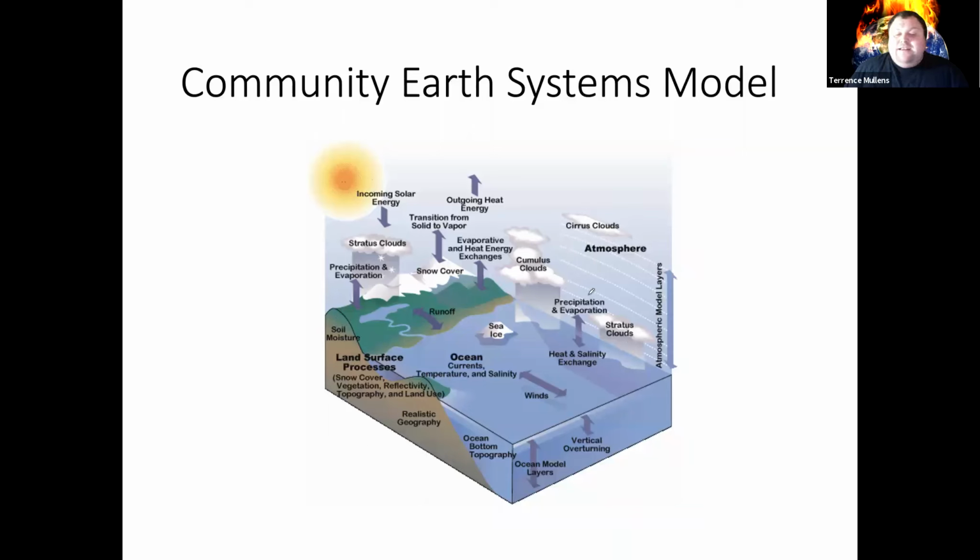Not just precipitation, but evaporation, exchanges with the atmosphere and the ocean, life, vegetation, glaciers, rivers, lakes, and streams, land surface processes, the geography of our planet.